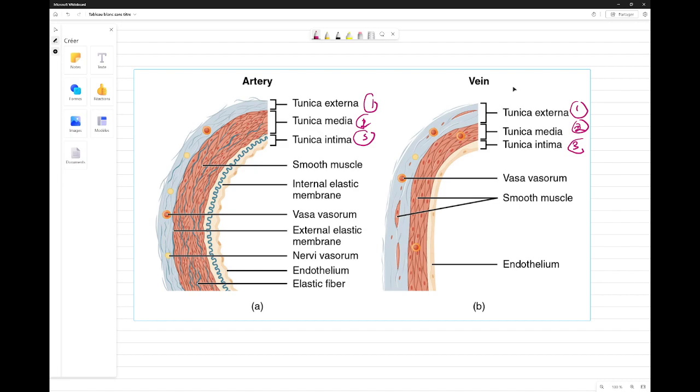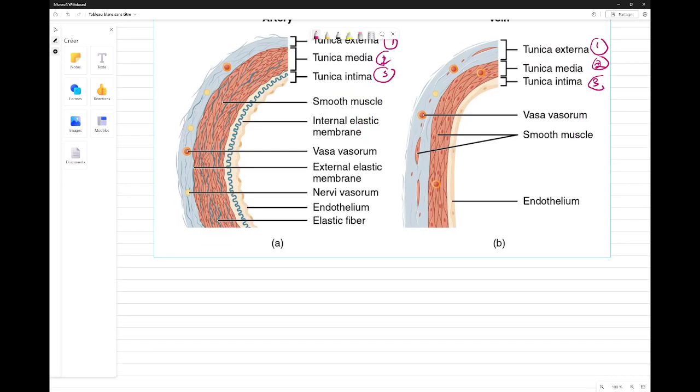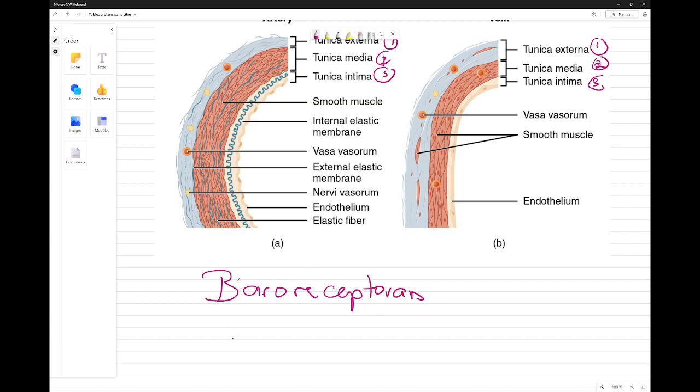Notice that within the endothelium of the vein and the artery, we have what are known as baroreceptors and chemoreceptors.